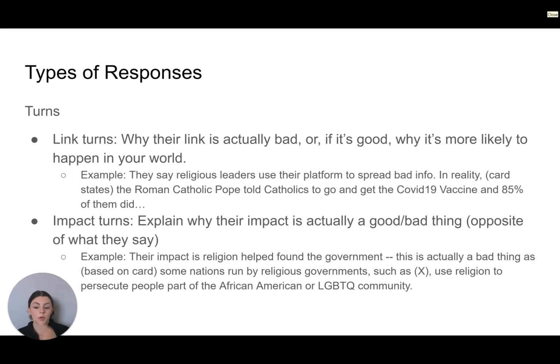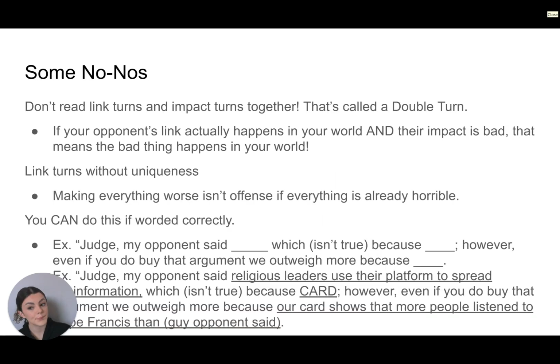So if you don't want to turn a specific part of the link chain, you can actually turn the impact. So if they say this leads to this, which leads to this, which leads to that, and you say, okay, well, that is super, super bad, then that discredits their whole contention and shows why their point is actually harming society and having negative impacts. So that's another way you can utilize turns as well.